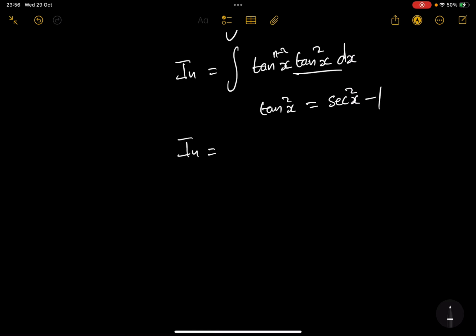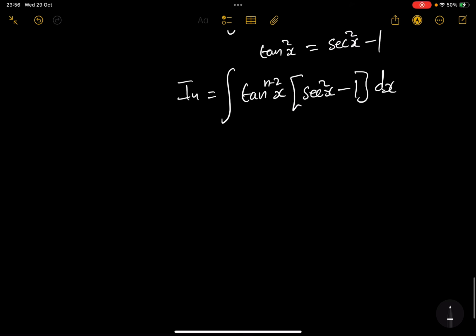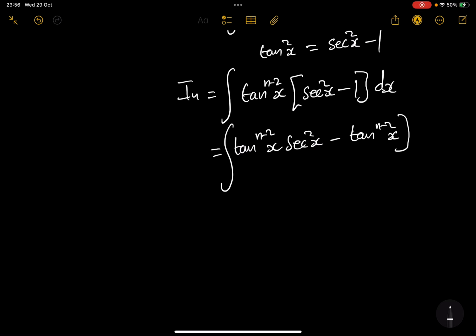So I_n is equal to the integral of tan^(n-2) x times (sec squared x minus 1) dx, right? So this will be the integral of tan^(n-2) x sec squared x, minus tan^(n-2) x, all of this dx, right?